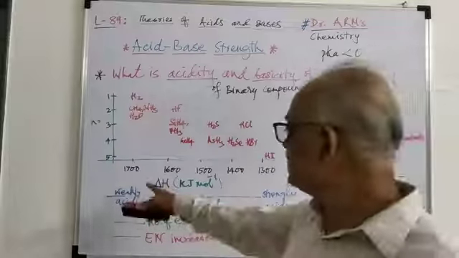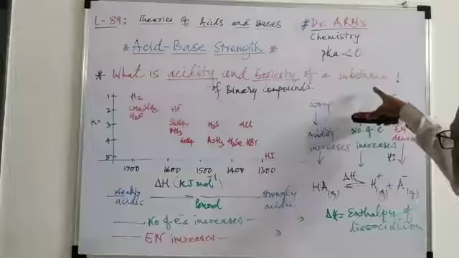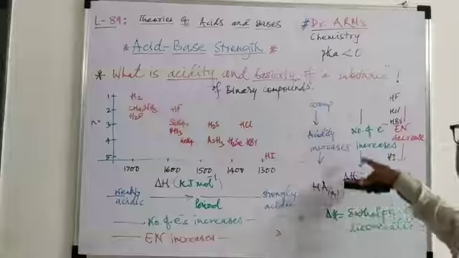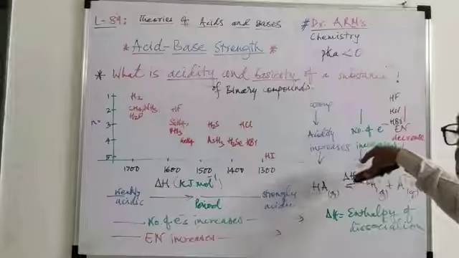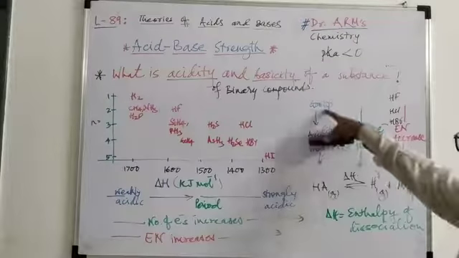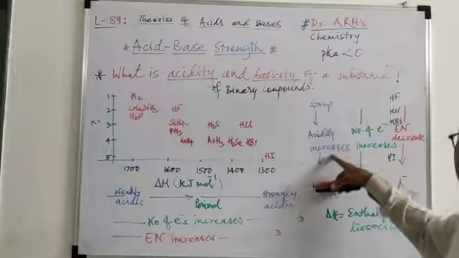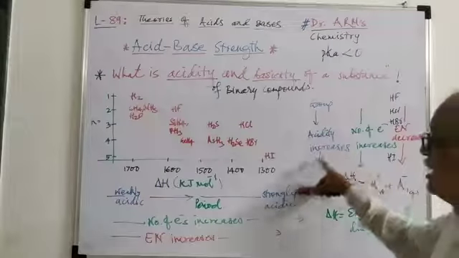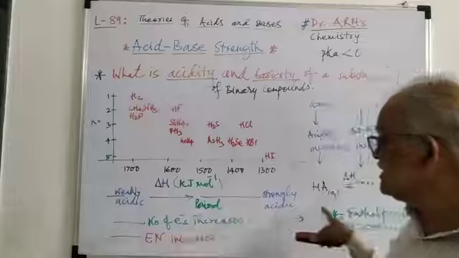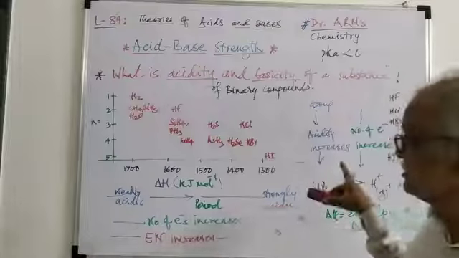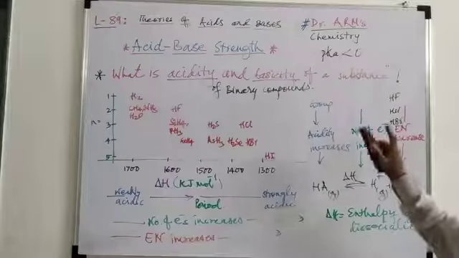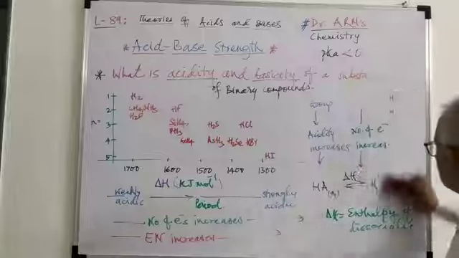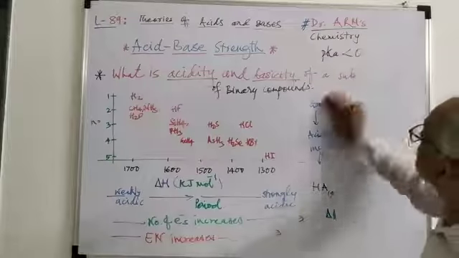The number of electrons also increases when we move downward in the group. You will find that along the group, the acidity increases down the group, and along the period, acidity increases from left to right. These are the specific observations made in this case.